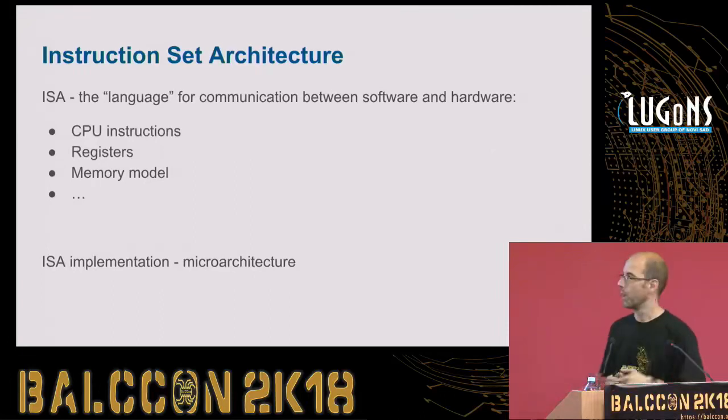So the CPU gets machine code instructions, and it executes them. And you get these machine code instructions by way of compiling, or some people might want to program machine code themselves. I wouldn't do that.